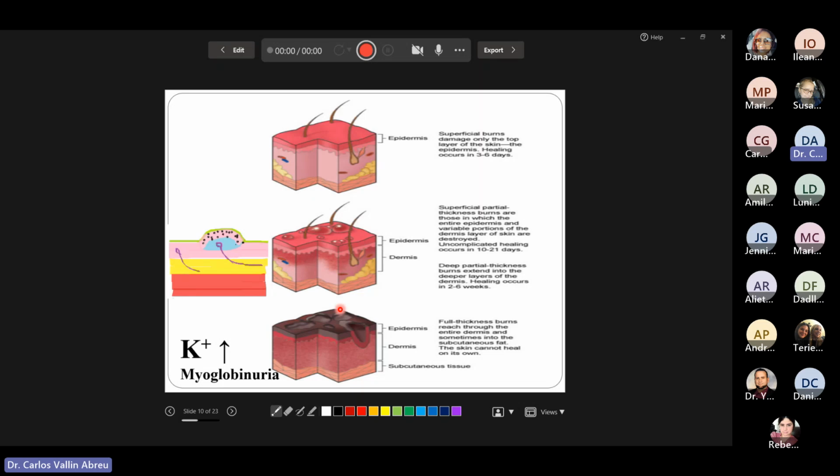What is used is the skin of the client's own. Meanwhile, while the process of healing and granulation occurs, skin of animals or even skin of cadavers can be used to cover the wound and promote the healing. But this is not going to be the permanent skin that is going to grow later.